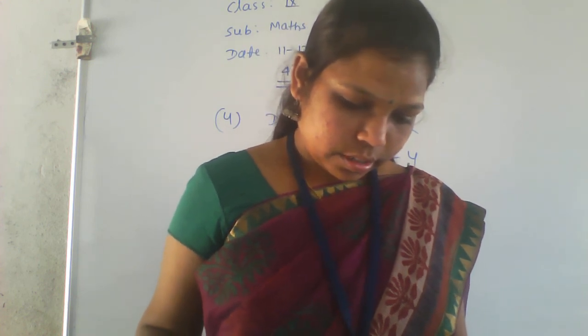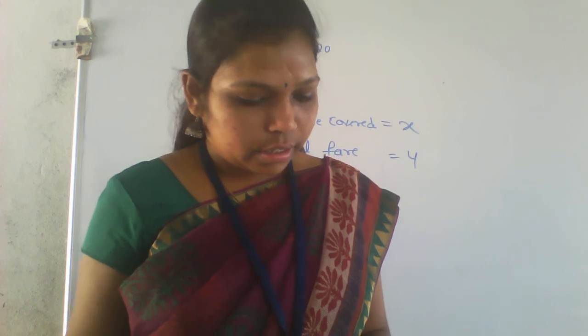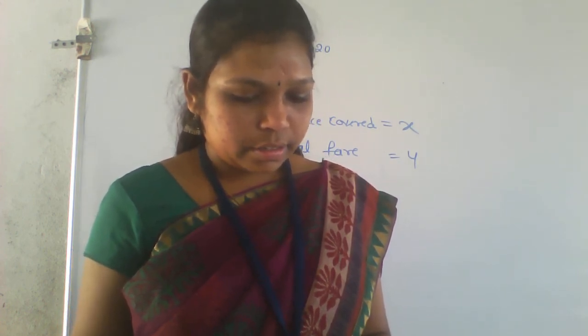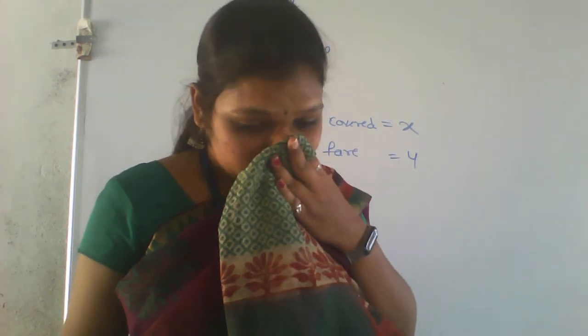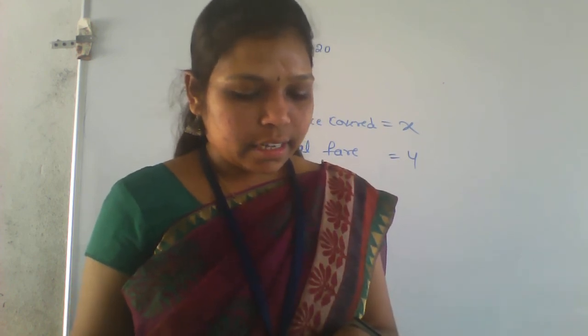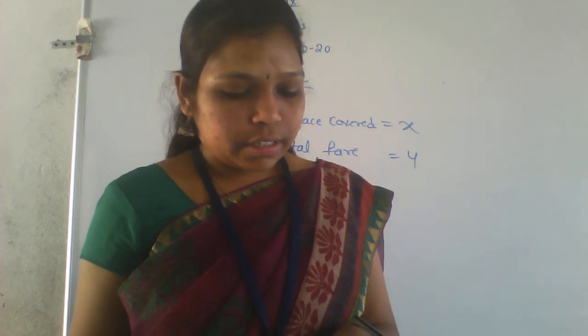For the first kilometer, the fare is rupees 8, and for the subsequent distance it is rupees 5 per kilometer. Then, taking the distance covered as x kilometer and the total fare, find the linear equation.